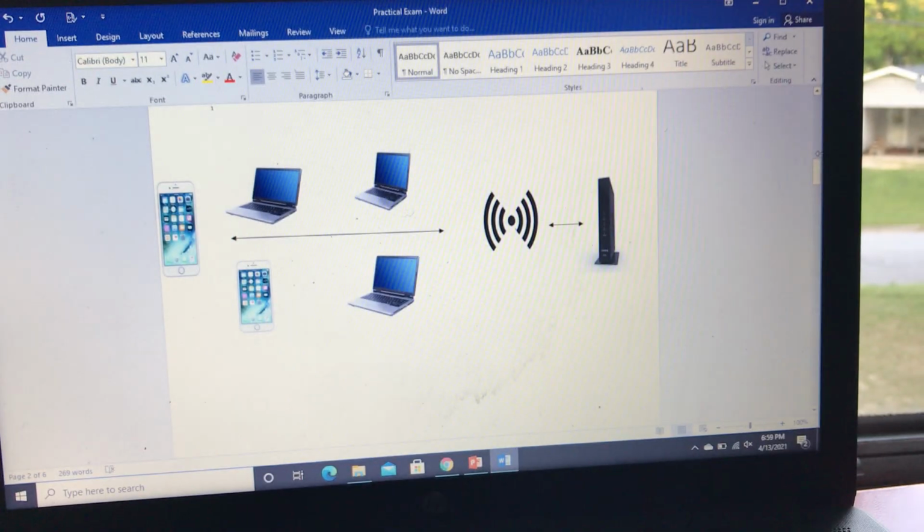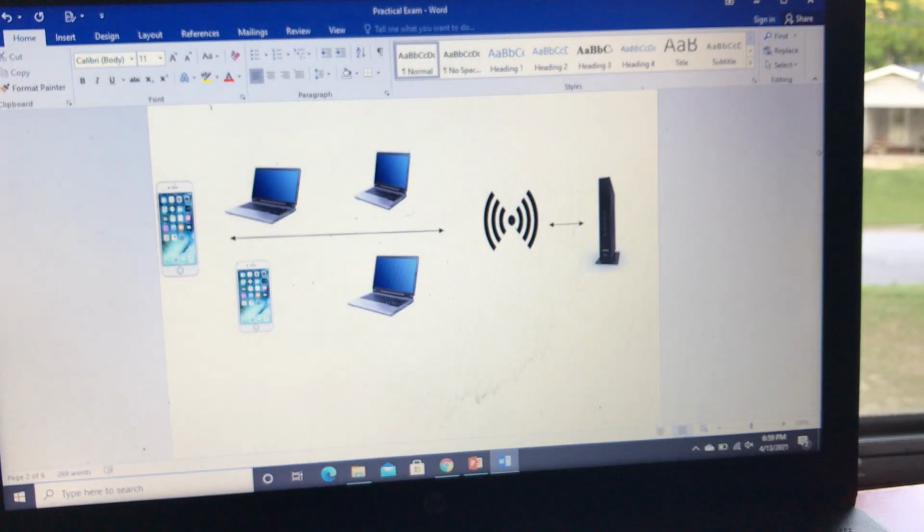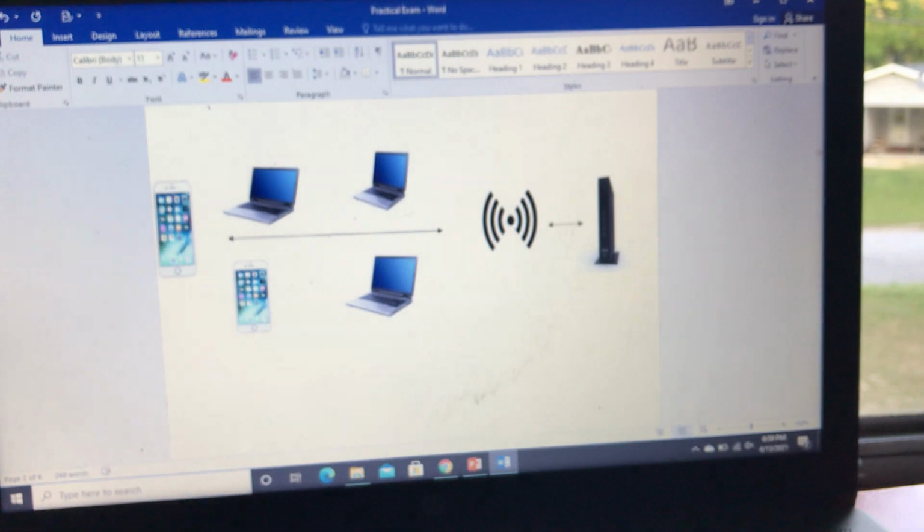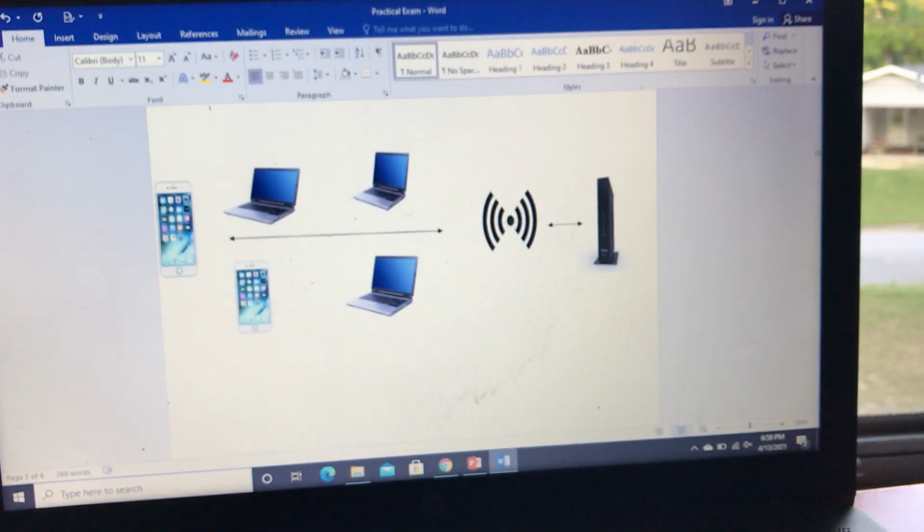So this demonstrates how the network will work if you have a PAN Wi-Fi at home. PAN equals personal area network.